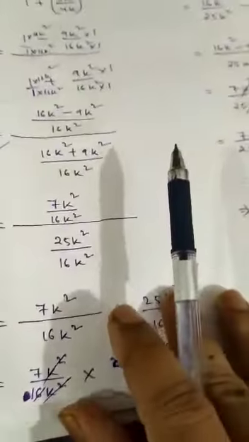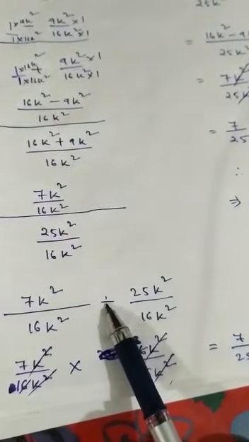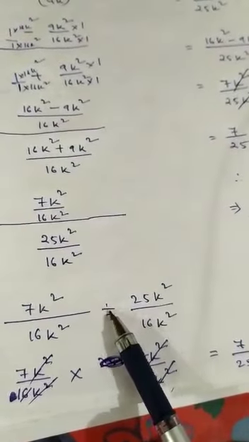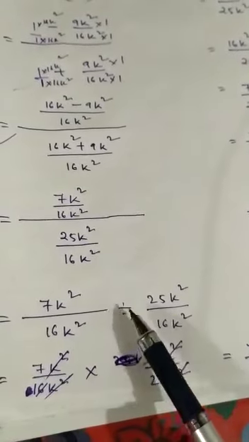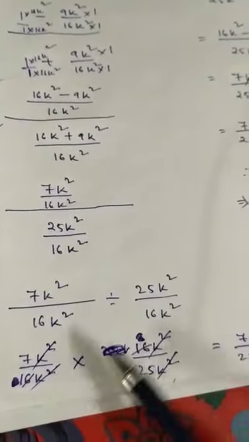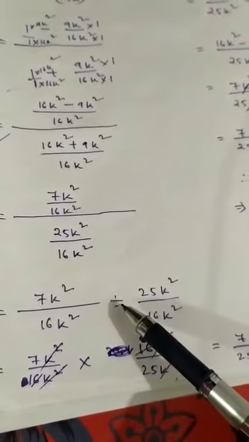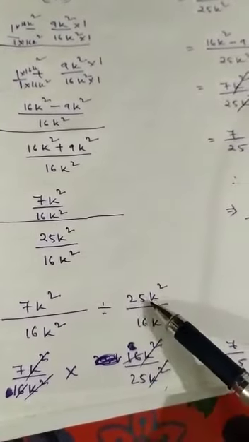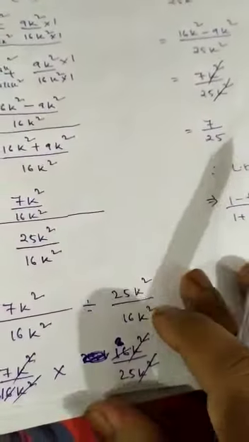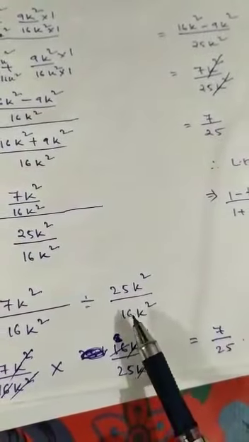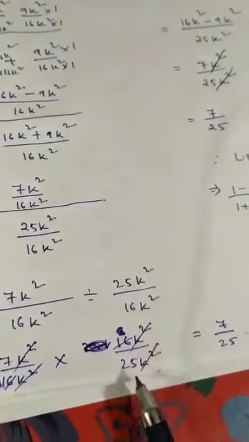Now if I change the division symbol into a multiplication symbol, then the value after division will reciprocate, it will become reversed. So here it will become 16k square by 25k square.